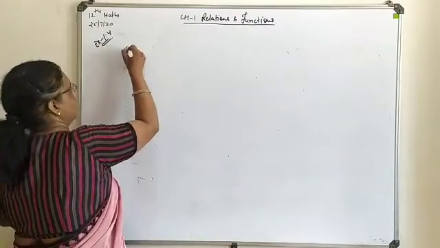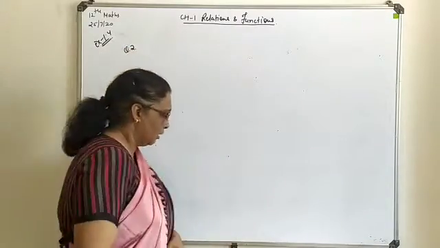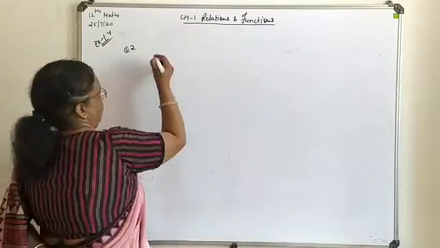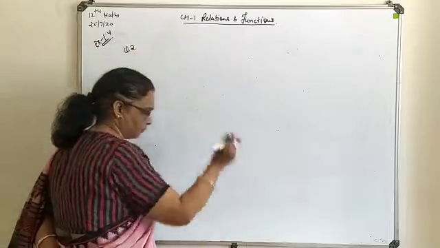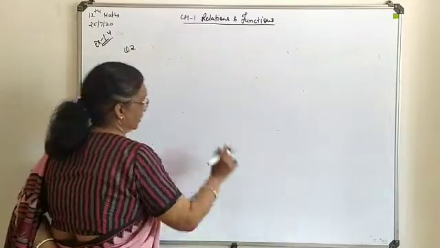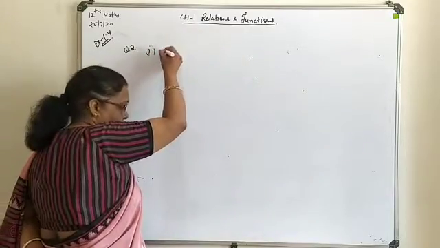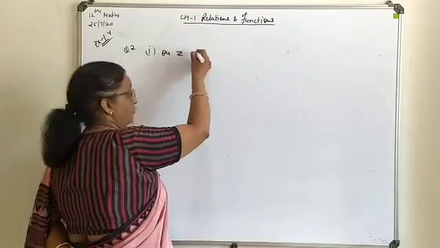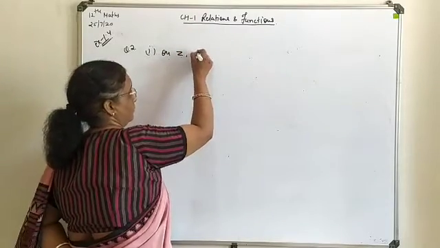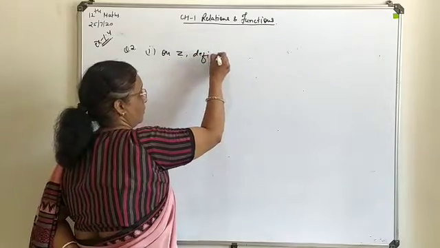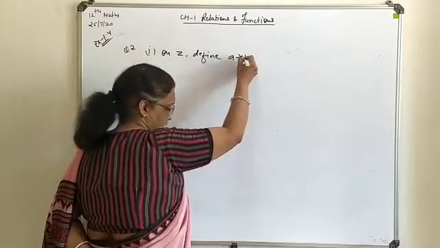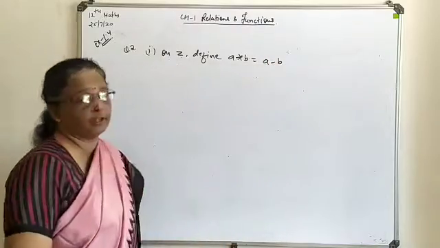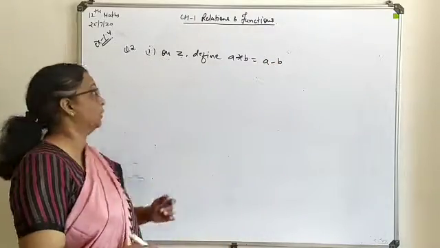In the second question, we look at the first part, in which again on Z a binary operation is defined as A minus B. Here you have to check for commutative or associative law.